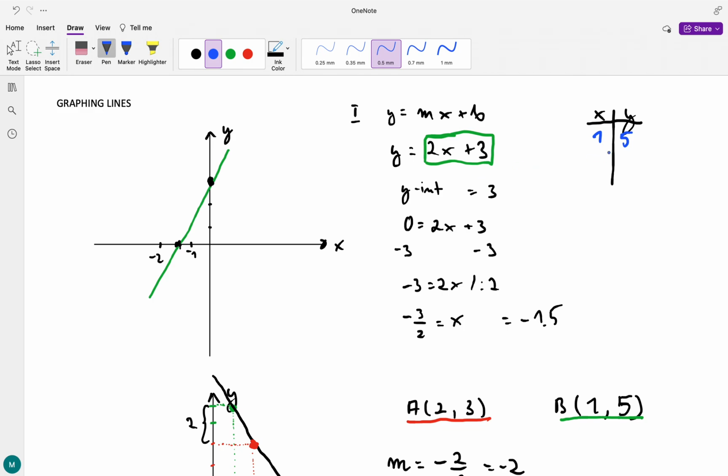And for the second point, I'm going to use 3. So 2 times 3 is 6 plus 3, that's equal to 9. And now I have 2 points, 1 comma 5 and 3 comma 9. And I can graph it.